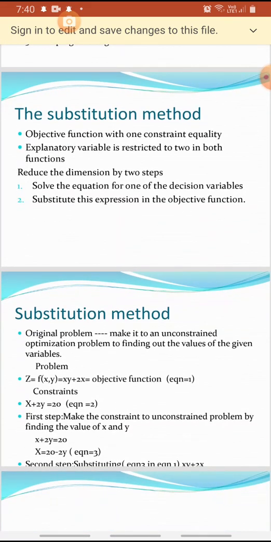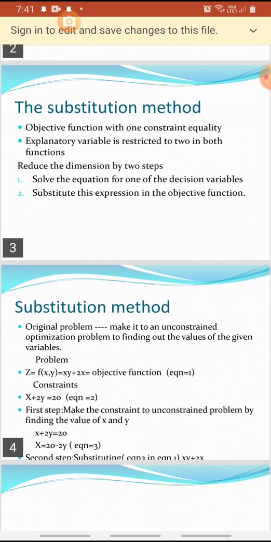The objective function with one equality constraint is handled under the substitution method. The explanatory variable is restricted to 2 in both functions. That means in the objective function and in the constraint together we have two explanatory variables.